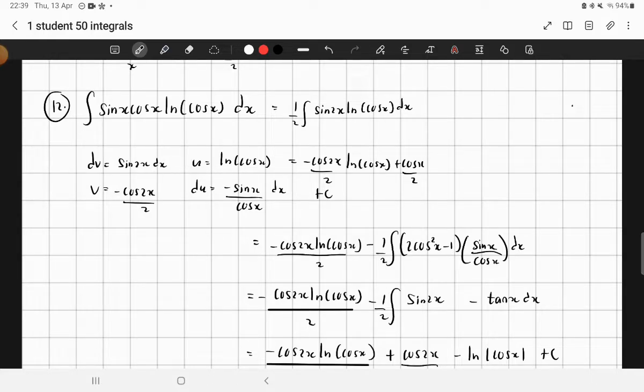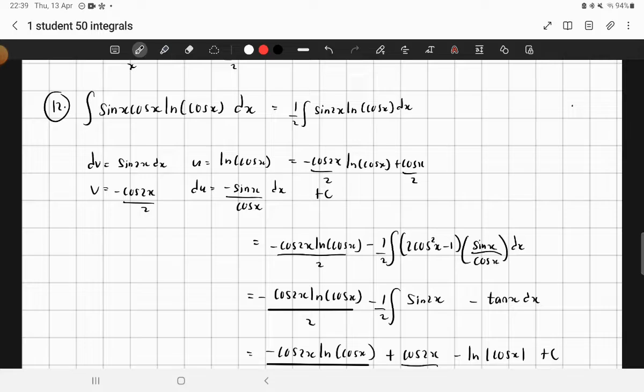Where's my ln cosine of x minus 1, everything divided by 4.